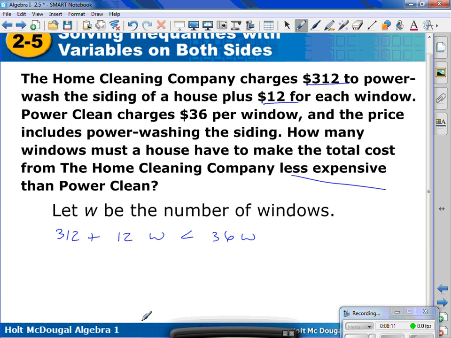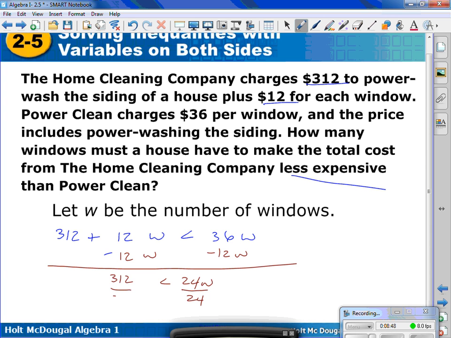So what do I have to do in order to solve? To make this problem easier, what's probably wise to do? Subtract 12W from both sides. 312 is less than, what's 36 minus 12? 24W. Divide by 24.